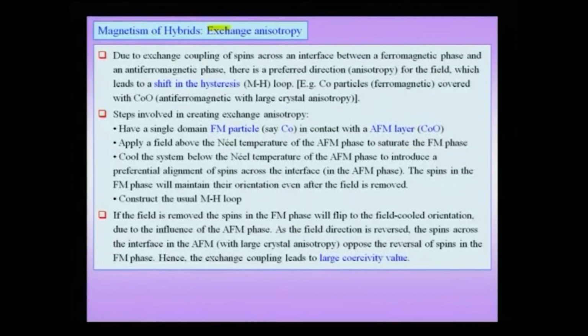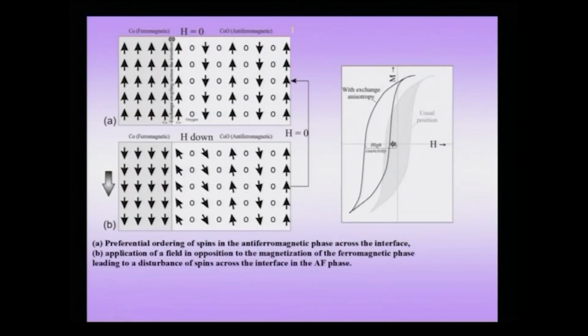designing important devices. Next, we continue with the topic of magnetism in hybrids, and we talk about a phenomenon known as exchange anisotropy. Now, in exchange anisotropy, you again have a composite. In this composite, there is a layer which is antiferromagnetic, and there is a layer which is ferromagnetic.